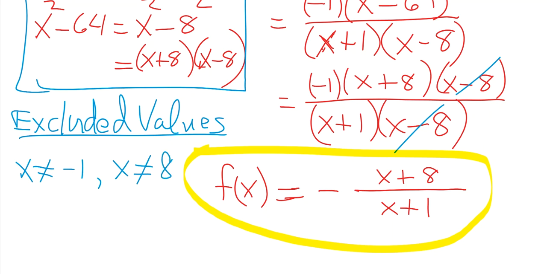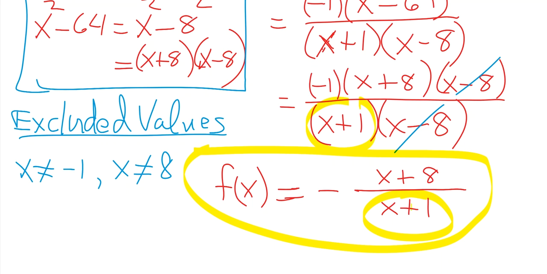Those are the excluded values, and we would have an asymptote at x equal to -1. Remember, the x minus 8 cancels, right? So that's going to be our removable discontinuity, x equal to 8. But the other one, this guy, remains. Even in our final answer, you see it remains.